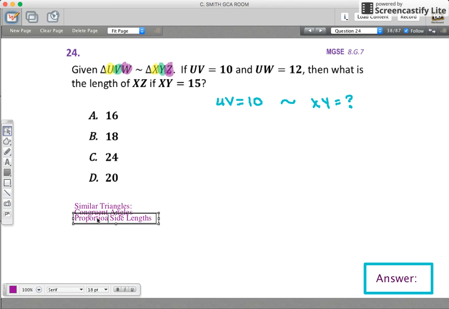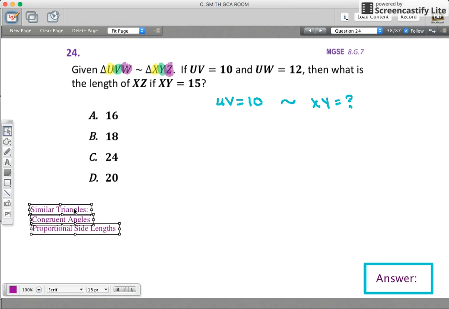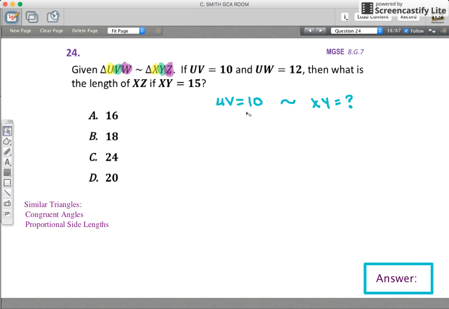proportional sides. Okay. What that tells us is that we can set up a proportion or a ratio between these two triangles in their different pieces, okay? So we know that UV is equal to 10, and we know that UV and XY are proportional, okay?